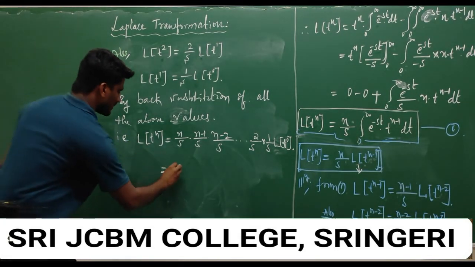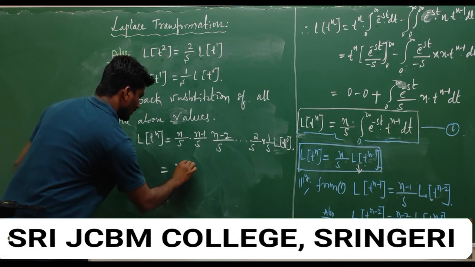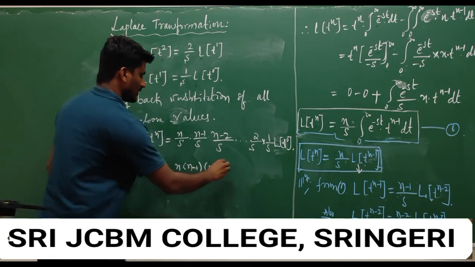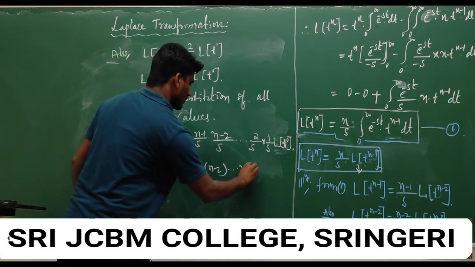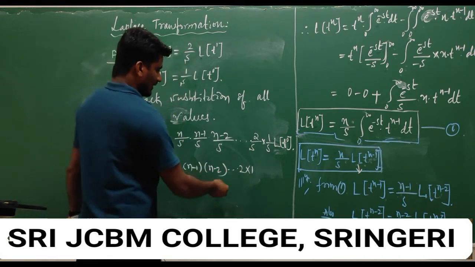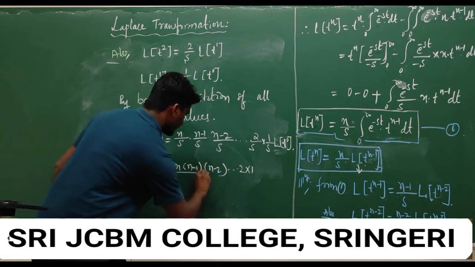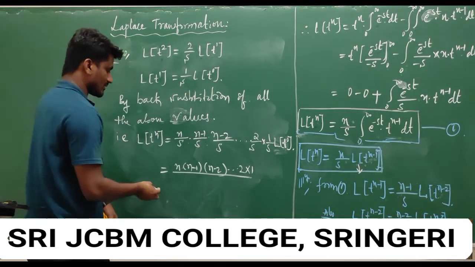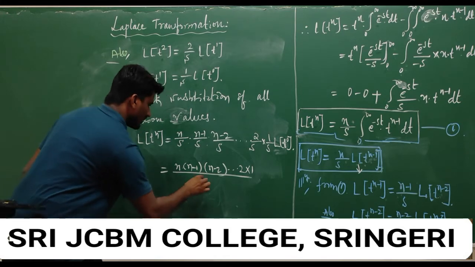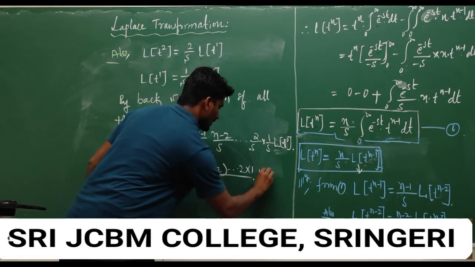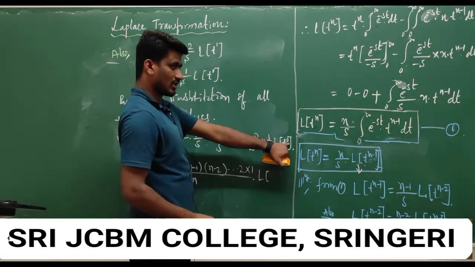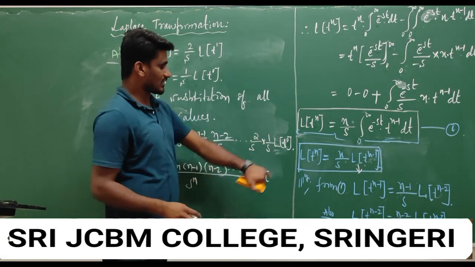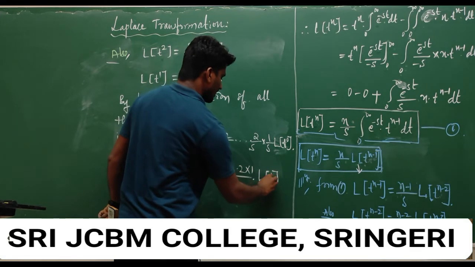The numerator terms are n into n minus 1, n minus 2, and so on down to 1, and in the denominator, s appears n times, so it can be written as s to the power n. Laplace transform of t to the power 0, since any value to the power 0 is 1, is the Laplace transform of 1, which we are already familiar with.